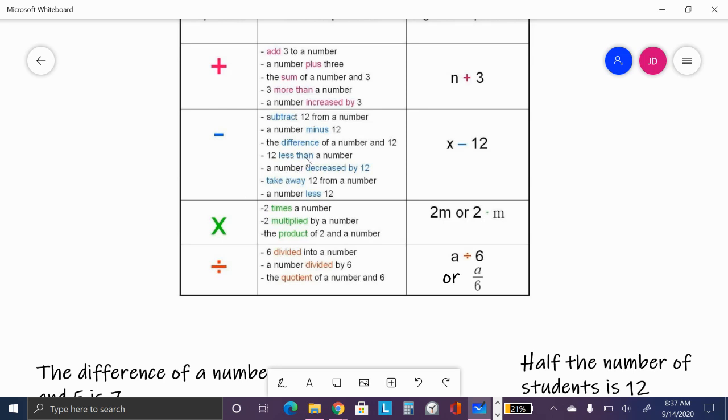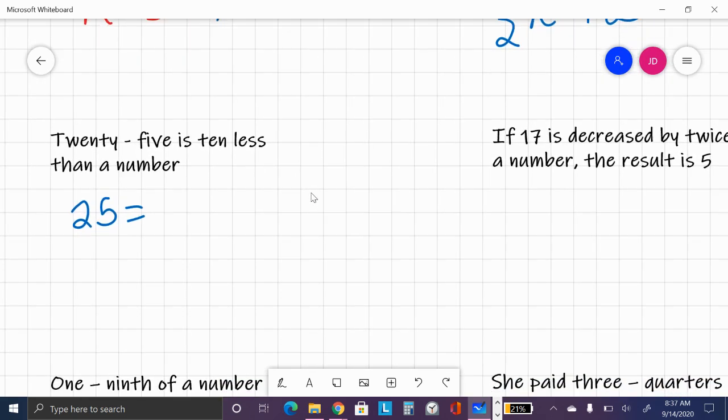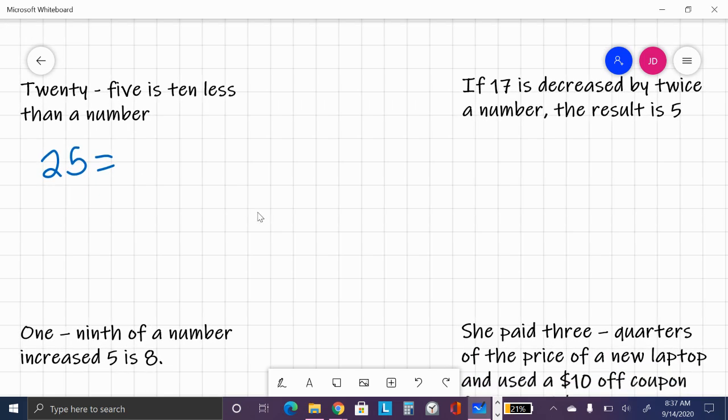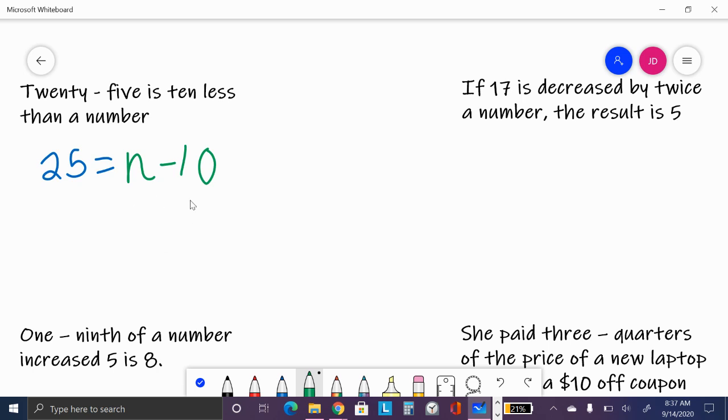And that's always the case when it comes to less than, or more than. 3 more than a number is n plus 3. 12 less than a number is x minus 12. So always be careful whenever you see less than or more than. So 25 is 10 less than a number. So 10 less than a number is n minus 10. And again, another one-step equation. I would just add 10 to both sides.